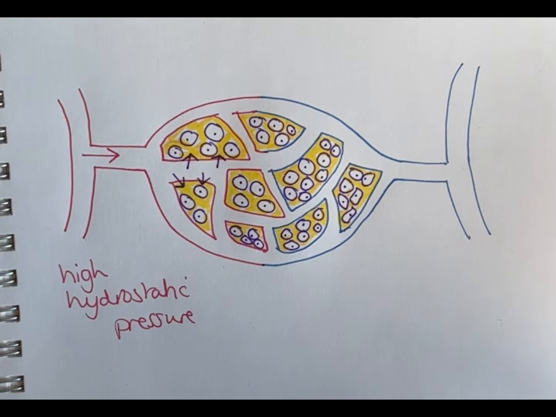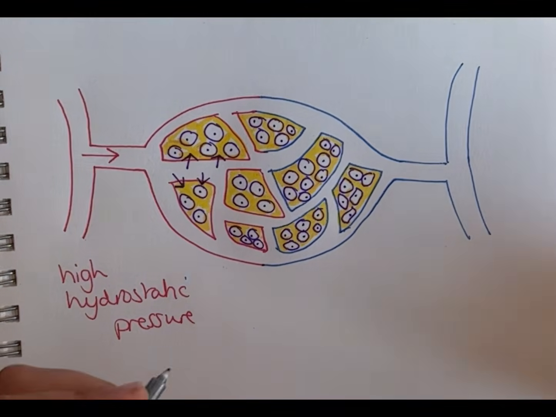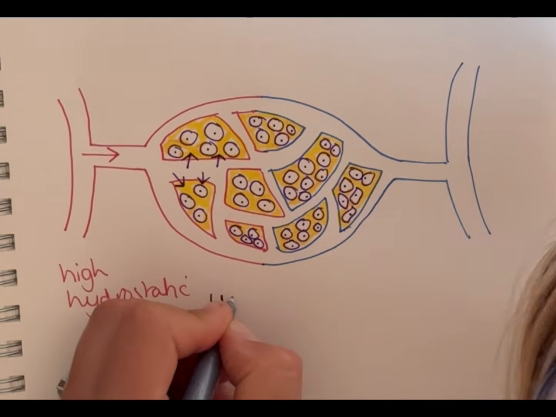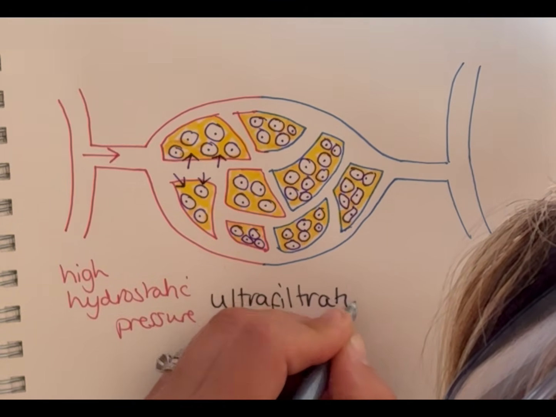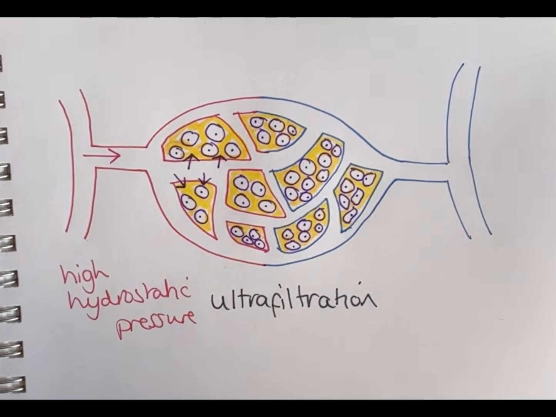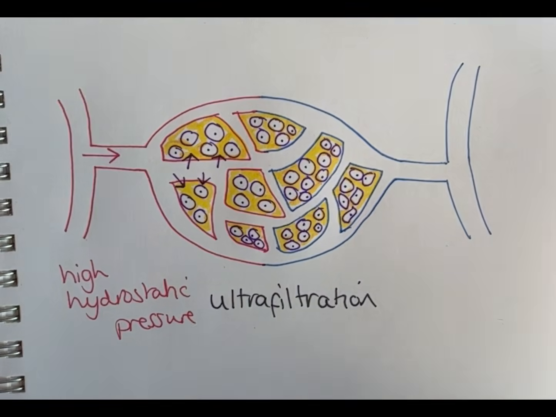So only water and small molecules can move out into the yellow tissue fluid on my diagram, whereas proteins and red blood cells stay within the capillaries. And this process is very similar to the process going on in the kidney in ultrafiltration and is also called ultrafiltration. So that's how tissue fluid is formed.